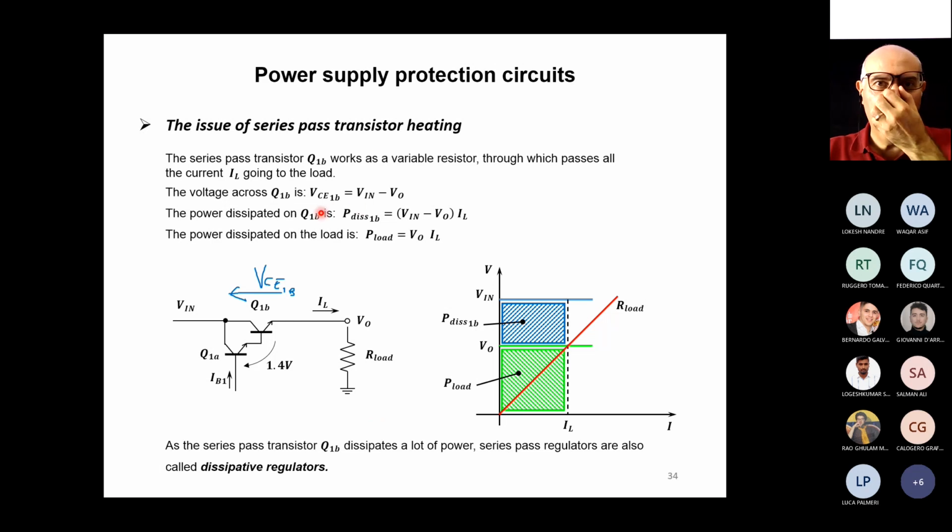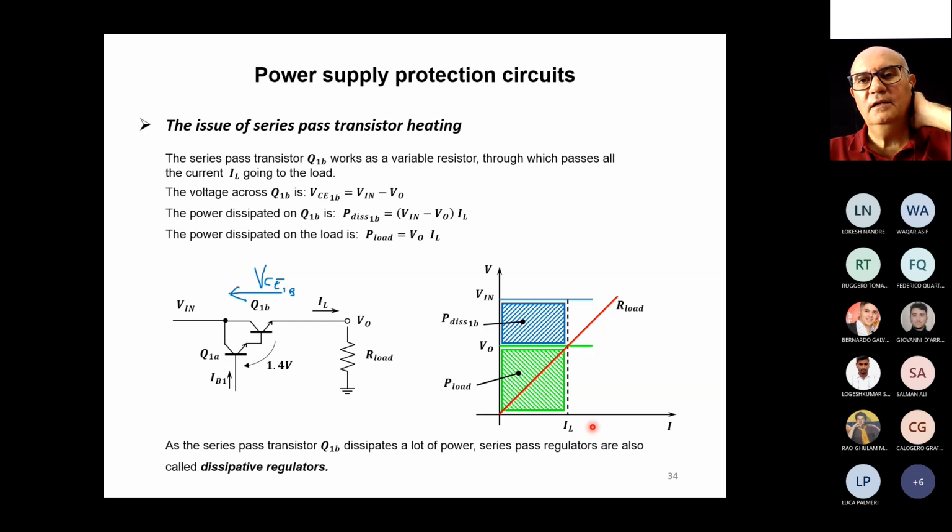Here it's written that the collector emitter voltage of this transistor is the difference between the in and the out. But transistor and load have the same current. There is only a very small difference, but they are basically the same. So what I can do is a graph like this, where I put voltages on the vertical axis and, on the horizontal axis, the current.